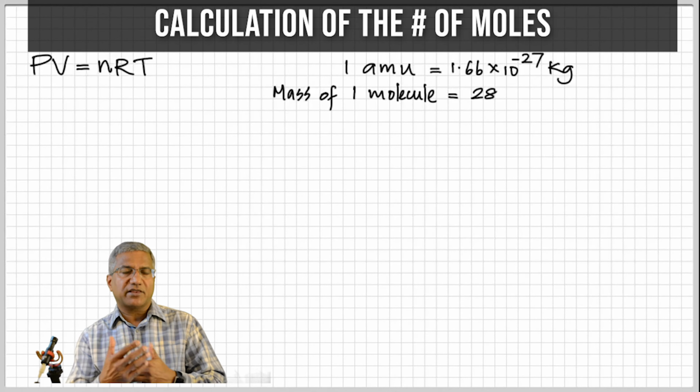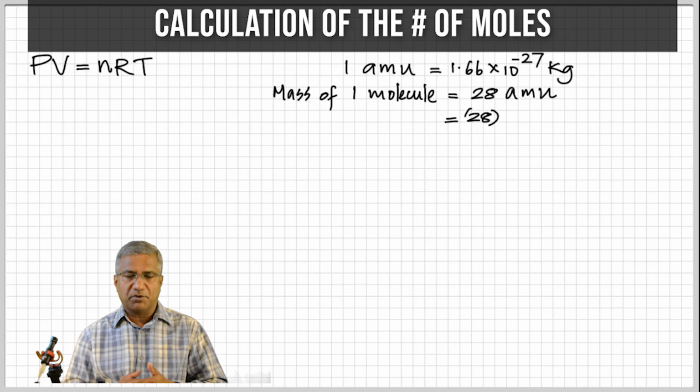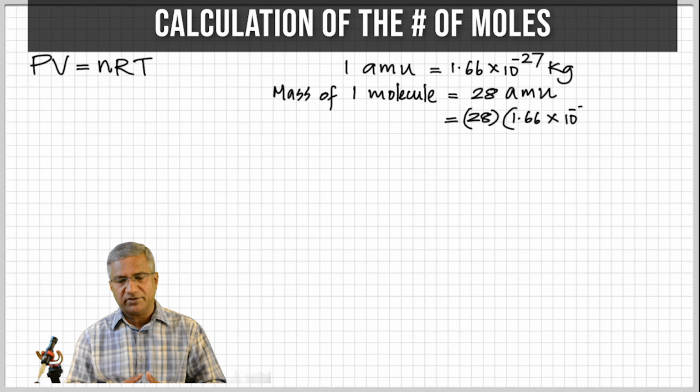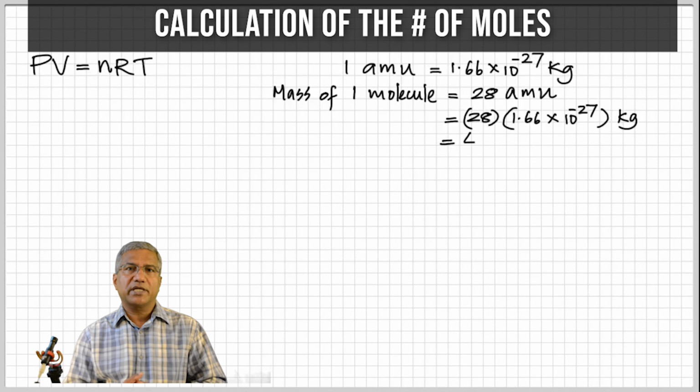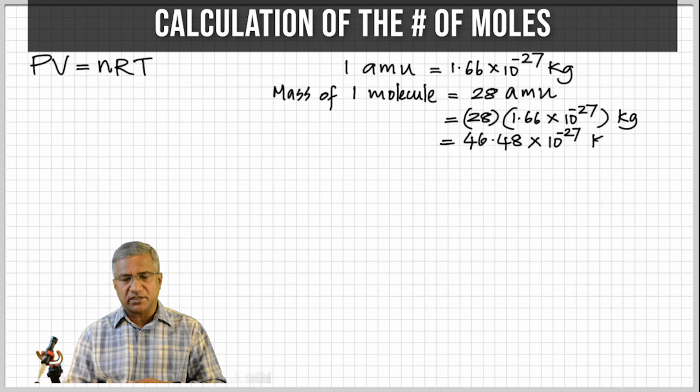So let's get that in kilograms. 28 atomic mass unit should be multiplied with 1.66 times 10 to the negative 27. So you will get it in kilograms. So we get the mass of one molecule of nitrogen, which is 46.48 times 10 to the negative 27 kilogram.